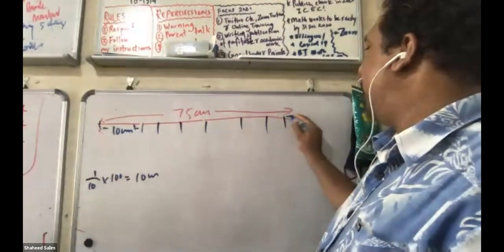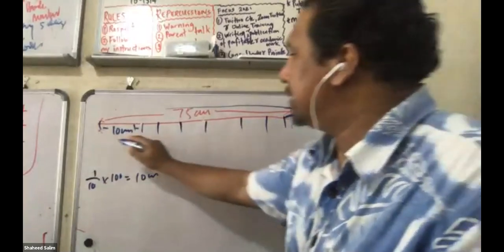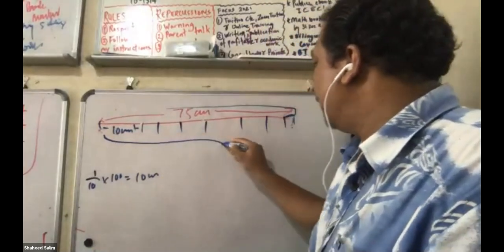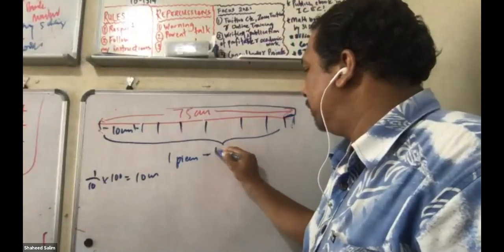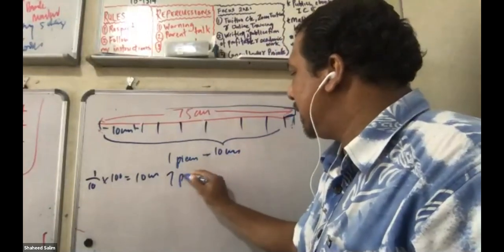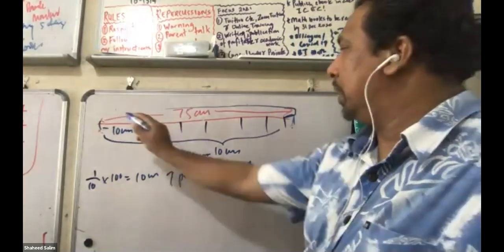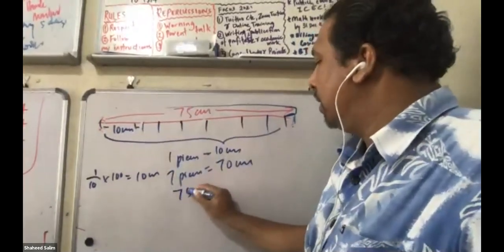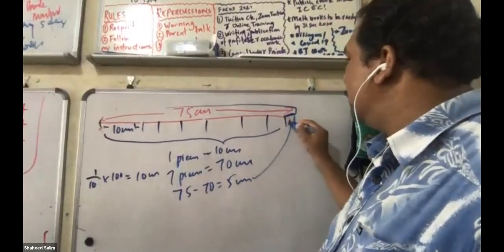And there's a balance of how many cm? You take these 7 pieces. One piece is 10 cm. 7 pieces, 70 cm. Then you take the total distance, 75 minus 70 equals 5 cm. The balance is 5 cm.